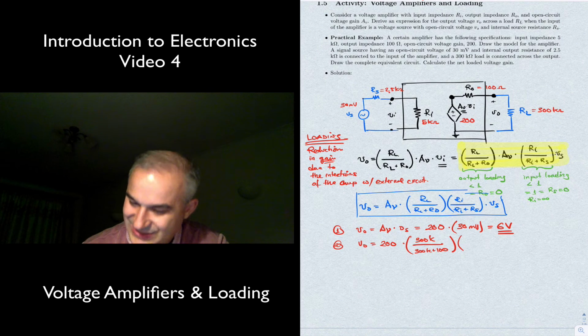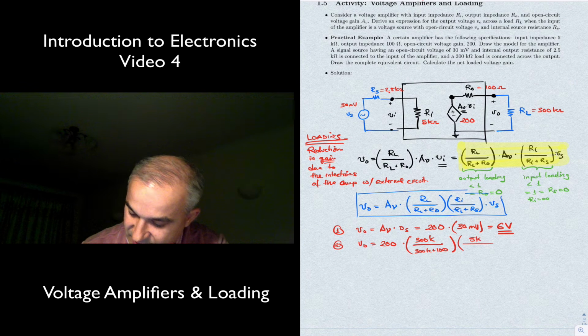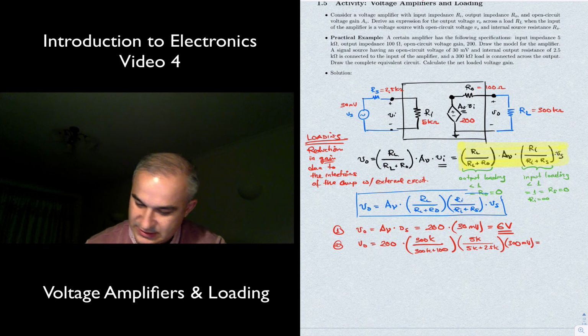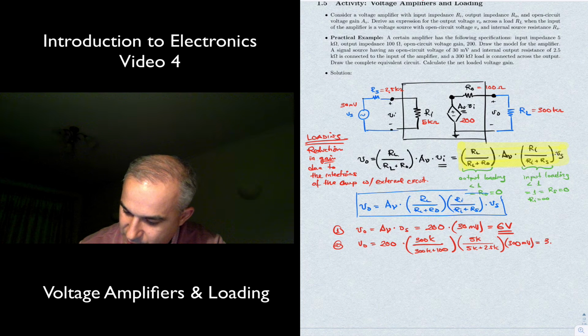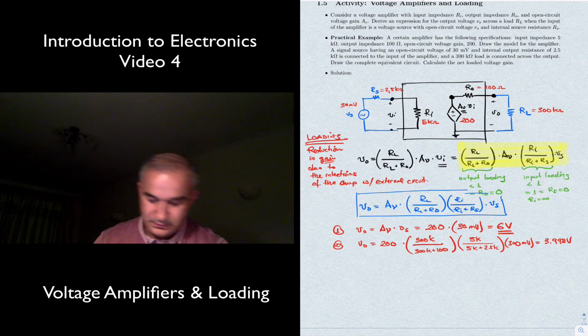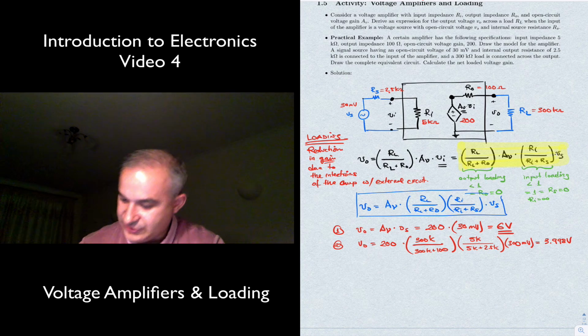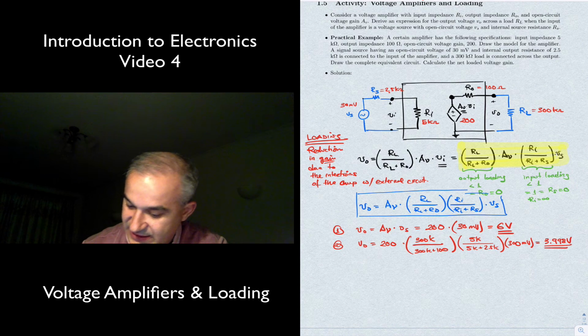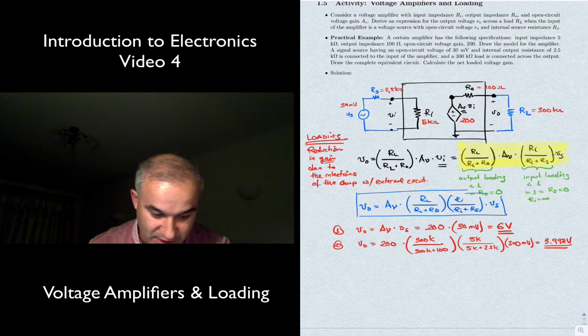The problem is not so much in the output, but it is significant in the input, where we have 5k divided by 5k plus 2.5k, right, times 30 millivolts, and this is approximately equal to 3.998 volts. So, as you can see, we have lost a significant amount. Now, how do we improve it? How can we improve it?